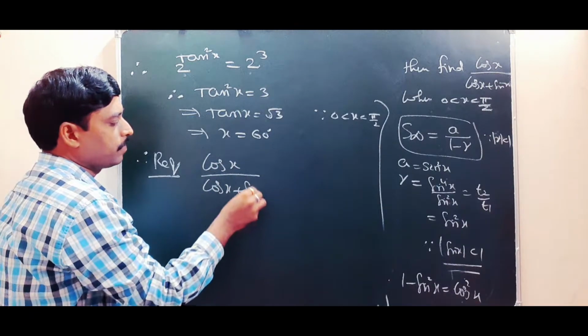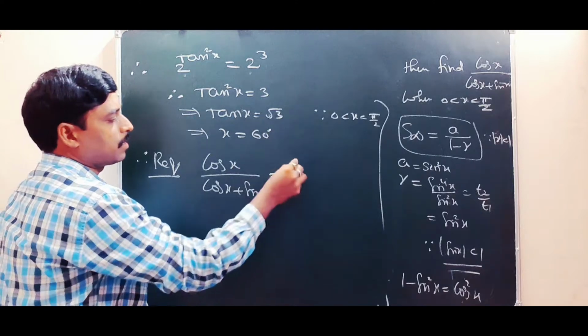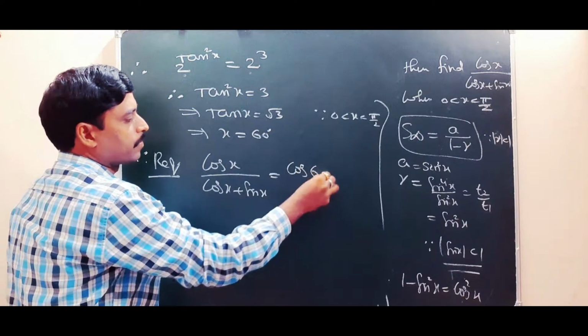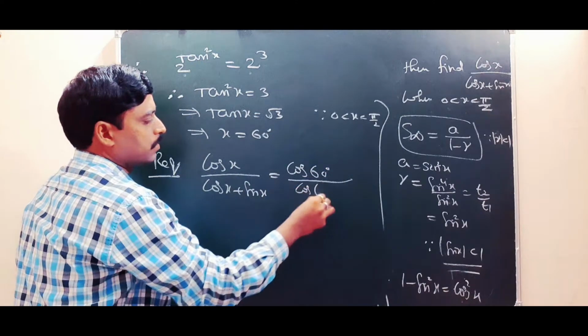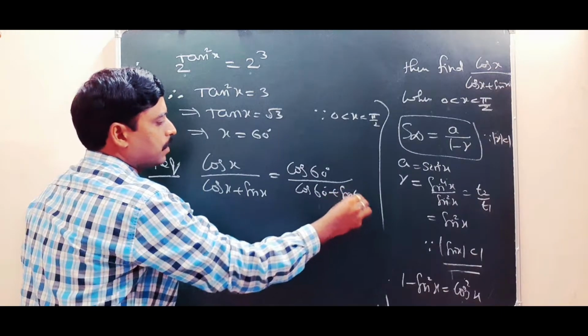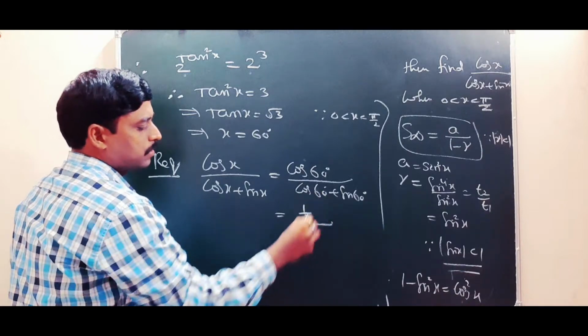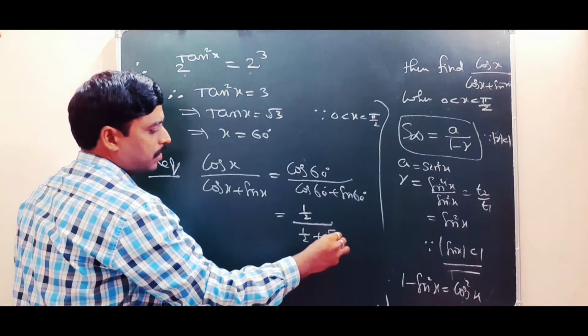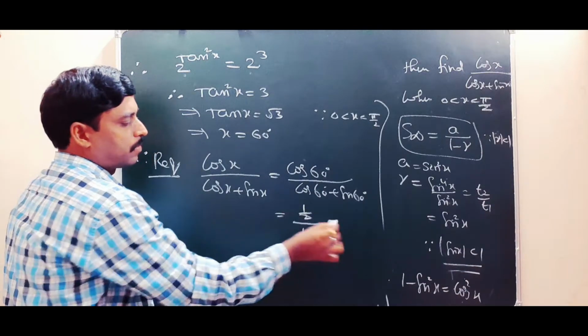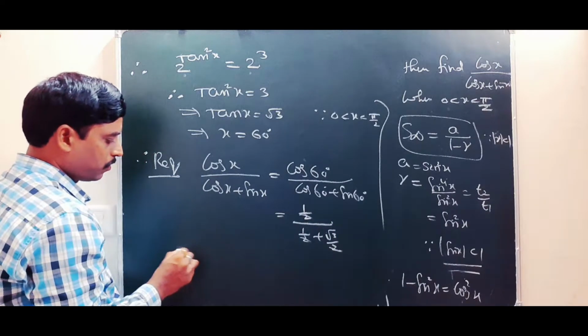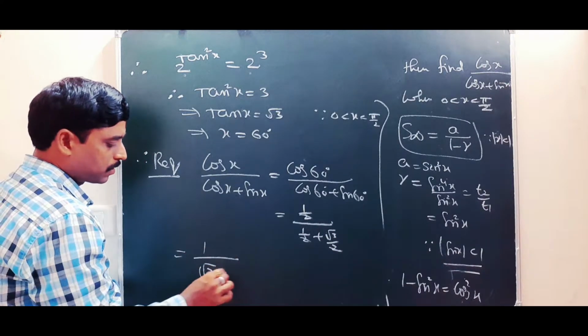It is going to be cos 60 by cos 60 degrees plus sin 60 degrees. Cos 60 value is 1 by 2, sin 60 value is root 3 by 2. So after LCM, 2 gets cancelled. It is going to be 1 by root 3 plus 1.